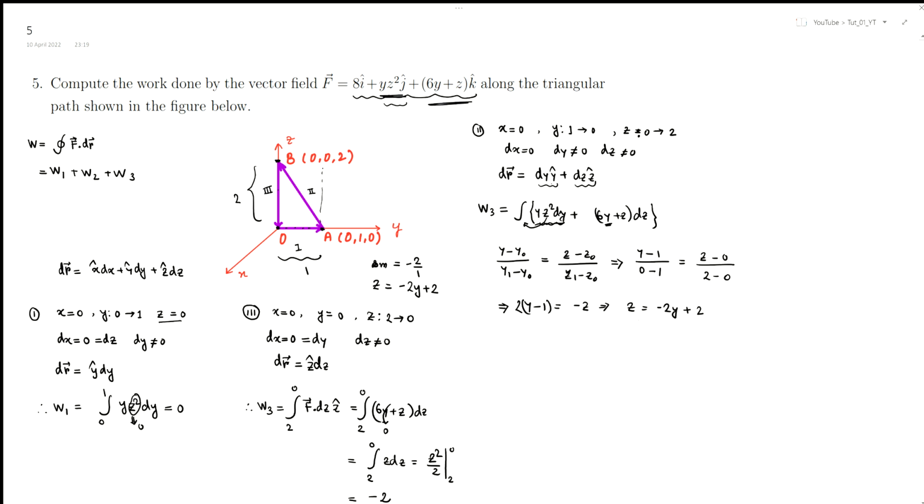So we got the same equation. Now we know that z is equal to this, so we can find our dz, which will be equal to minus 2 dy from here. Now we will substitute in this.